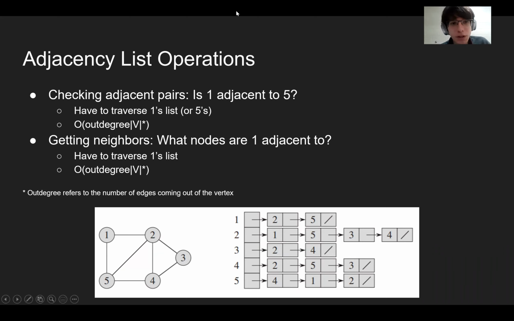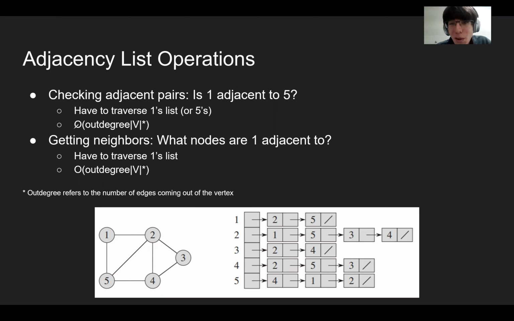If it's undirected, you can check either one. You have to traverse the entirety of 1's list, checking all the ones that 1's connected to, to see if it's connected to 5, because there's not necessarily some ordering to it.